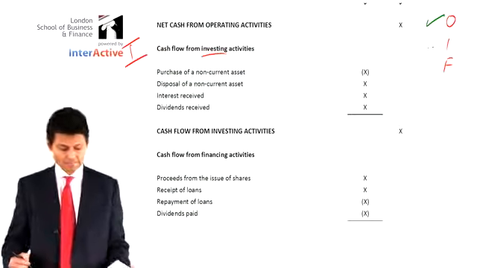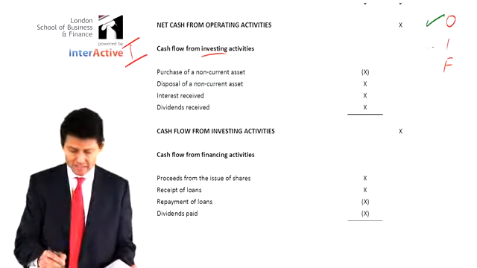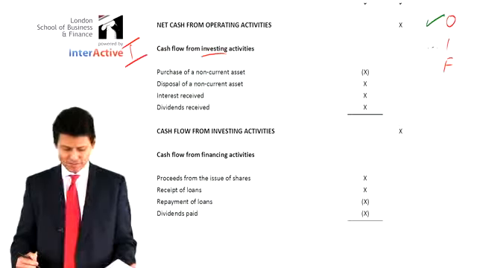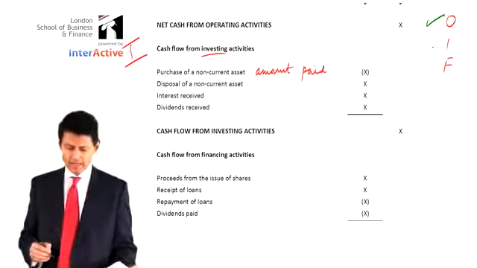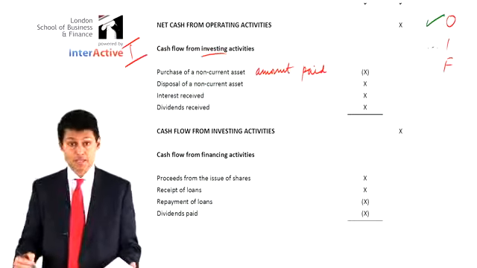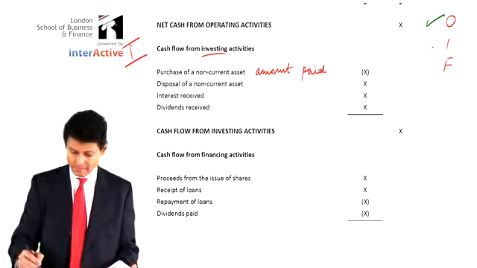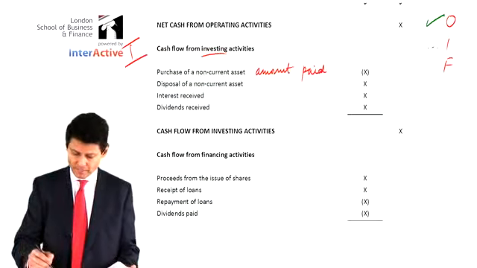So what is investing? It's where you have the purchase of a non-current asset. So that's the amount paid. The purchase. So always assume these purchases are for cash unless told otherwise. The disposal of a non-current asset, that will have to be the proceeds.